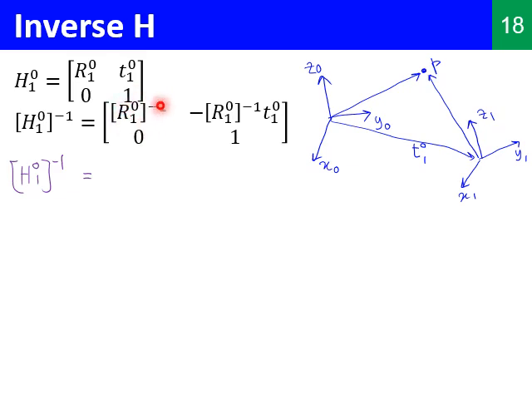R01 inverse. That's R10, right? That we learned from rotation matrices. So I can write this as R10. And of course I can fill these two entries as well.